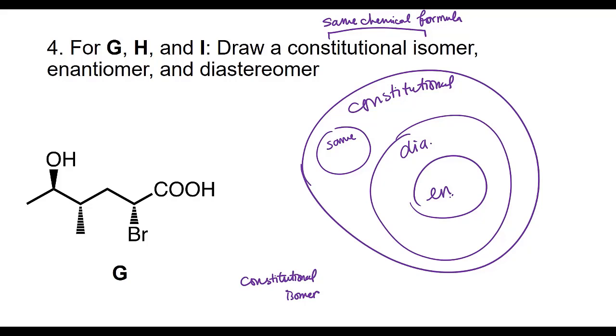An enantiomer is a constitutional isomer, but just because I'm a constitutional isomer doesn't mean I'm an enantiomer. So when I choose the thing I put on my answer, I want to be as specific as possible.